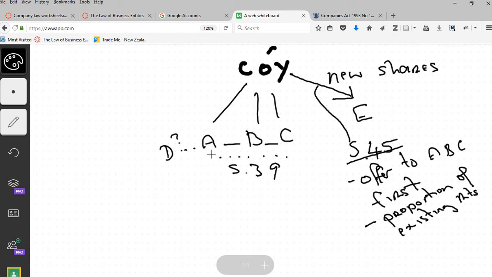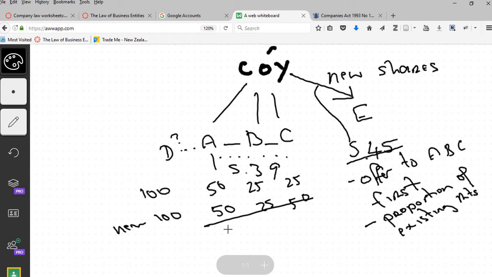Right, so in that example, if that person had 50%, 25, 25, and that's the current 100, and we have a new 100 being offered, then clearly they've got to be offered 50, 25, and 25. So when everything's finished, the balance of shares as a ratio is exactly the same, 2 to 1 to 1.